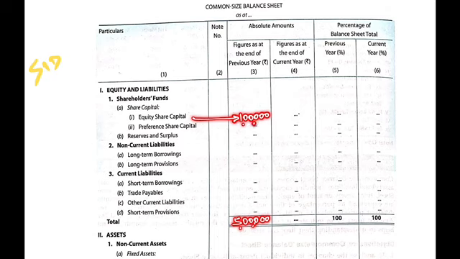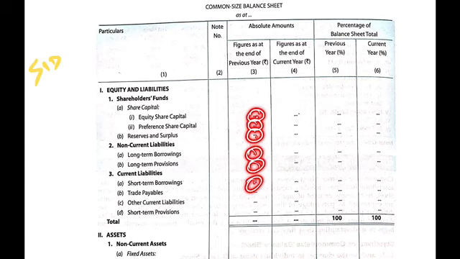Then we will write 1 lakh divided by 5 lakh into 100. That will make 20%. That means each and every item of the previous year is expressed as a percentage of the total of the balance sheet of the previous year.